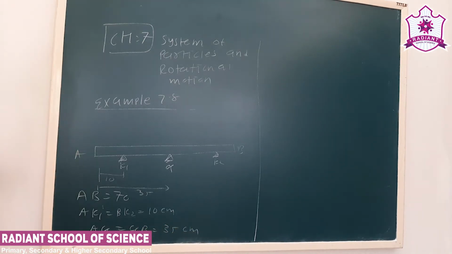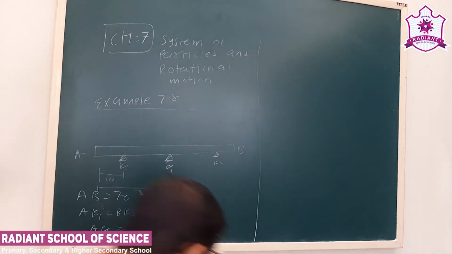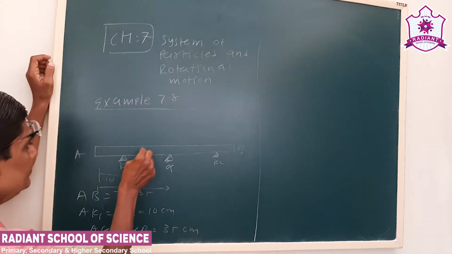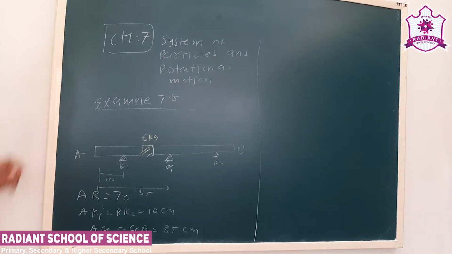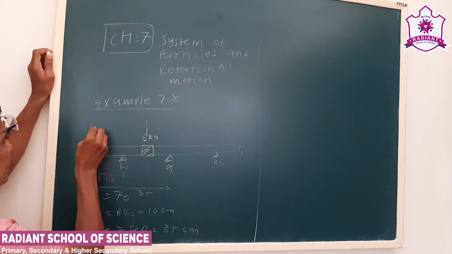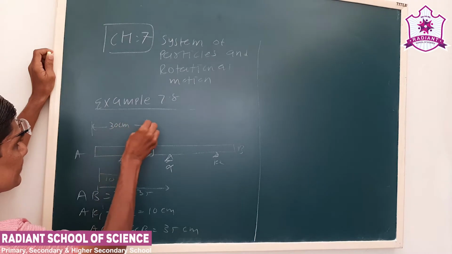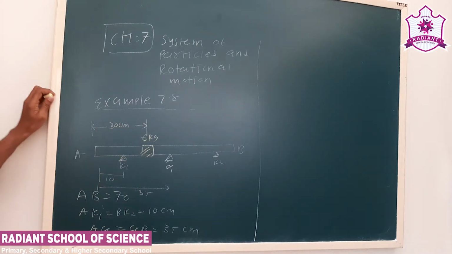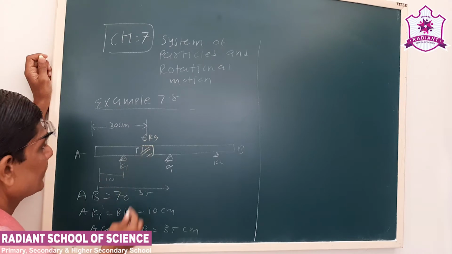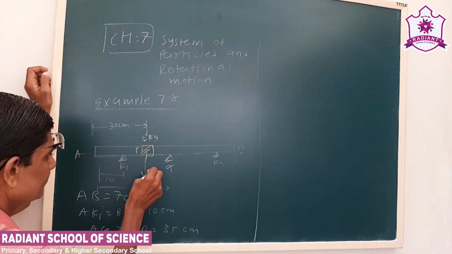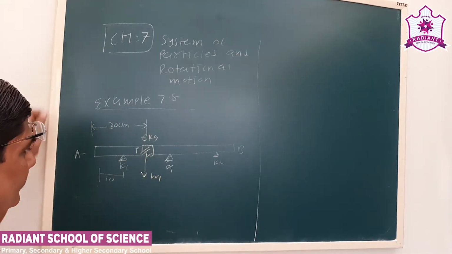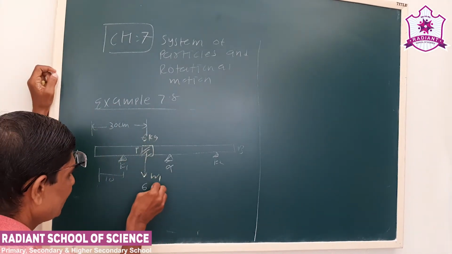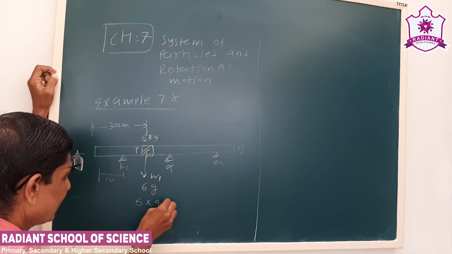Now see, a mass of 6 kg is supported at 30 centimeter from one end. Let us say we call that point P, and the weight of this we call W1. So W1 will be 6 into g, 6 into 9.8.